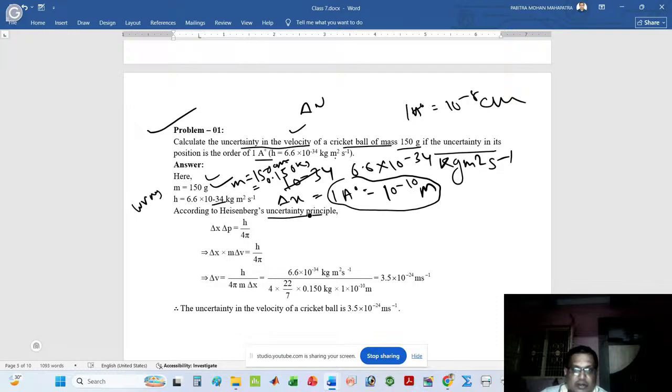According to the Heisenberg uncertainty principle, del x into del p is equal to h by 4 pi.